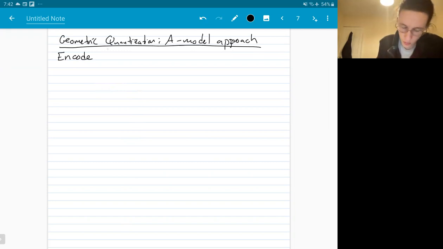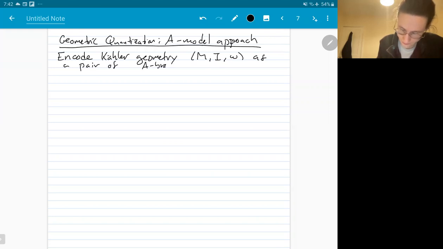But the idea is to encode Kähler geometry (M, I, ω) as a pair of A-branes in a symplectic manifold, which is the cotangent bundle, just the real cotangent bundle of M.